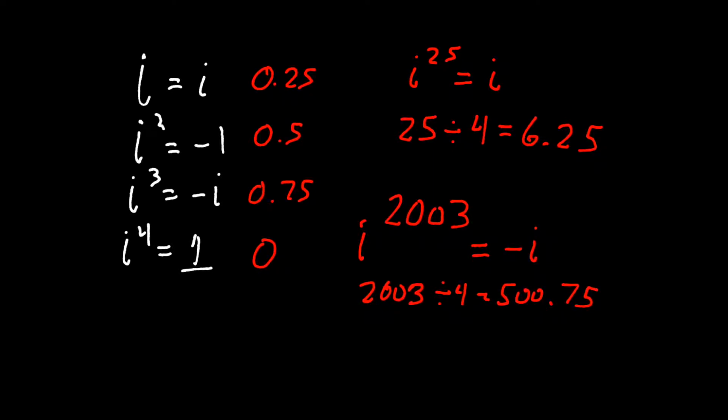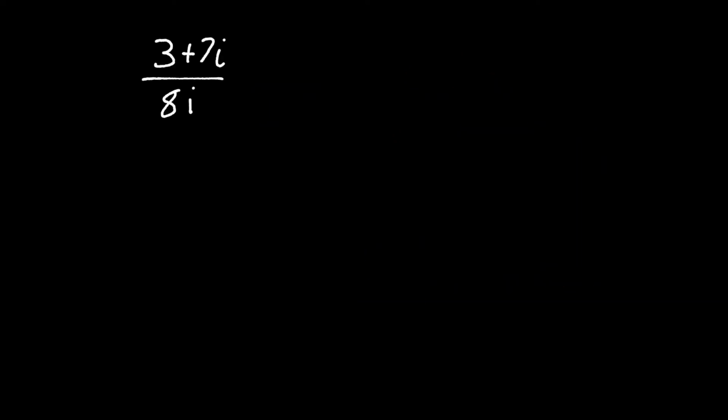Now let's talk about dividing complex numbers. Here we have the complex number 3 plus 7i, and we are dividing it by 8i. You cannot divide by imaginary numbers. So in order to actually do this division, what we need to do is multiply the top and the bottom by the conjugate of the denominator.